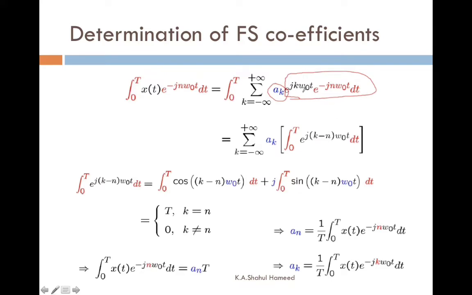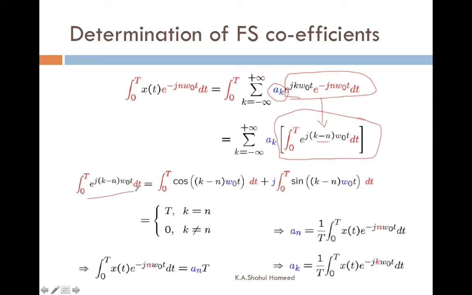So when I combine these two exponentials that are multiplied, I can write the sum of these two exponents. I'm going to write this multiplication of two exponentials as e power j k minus n omega naught t into dt. First of all we have to find the value of this integration.